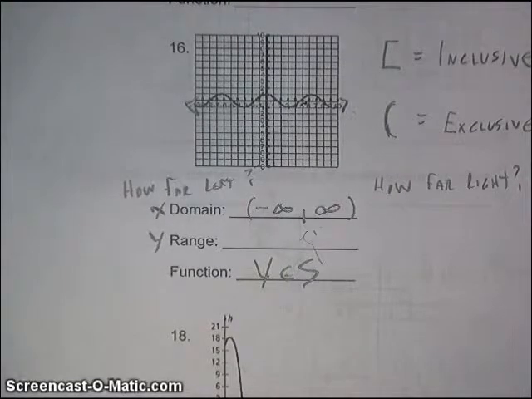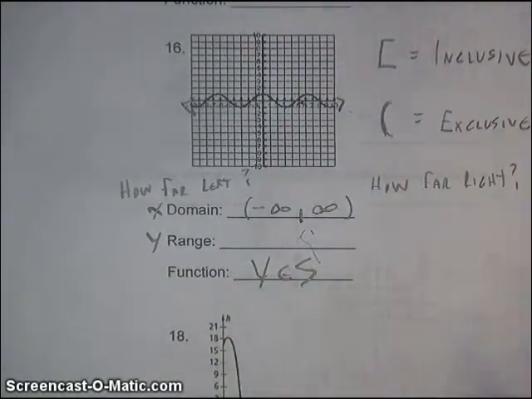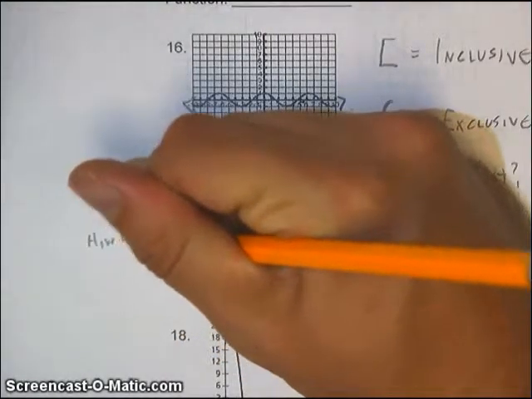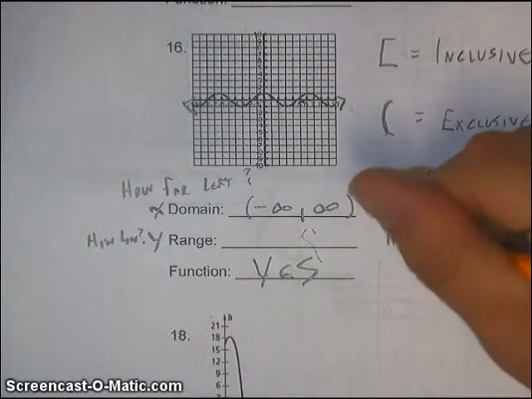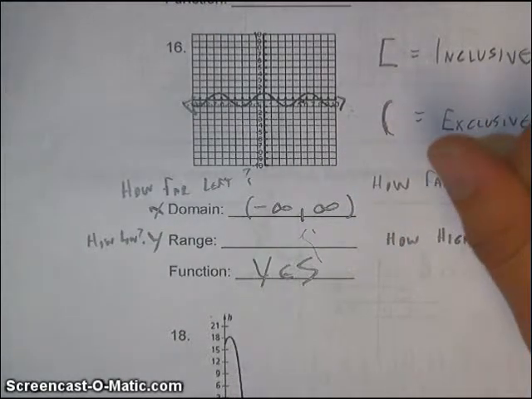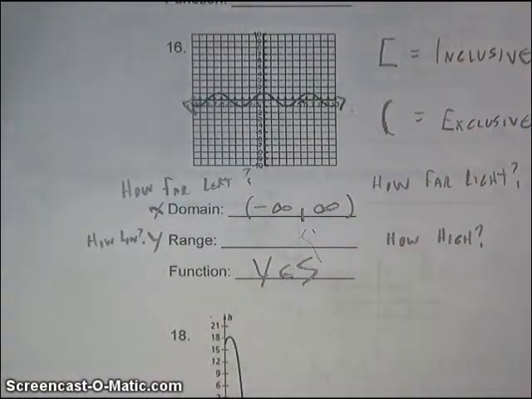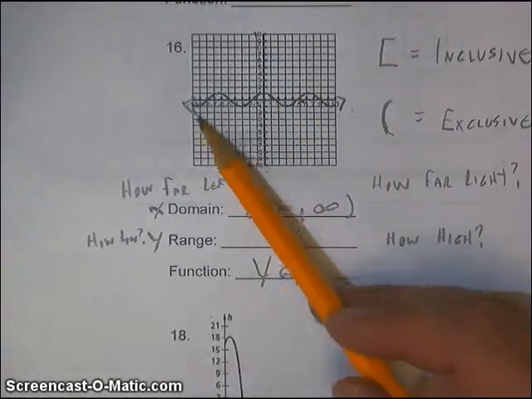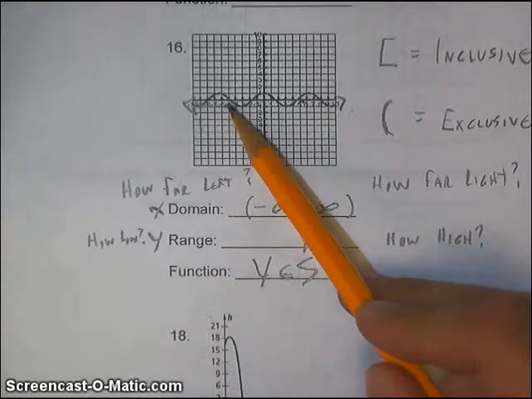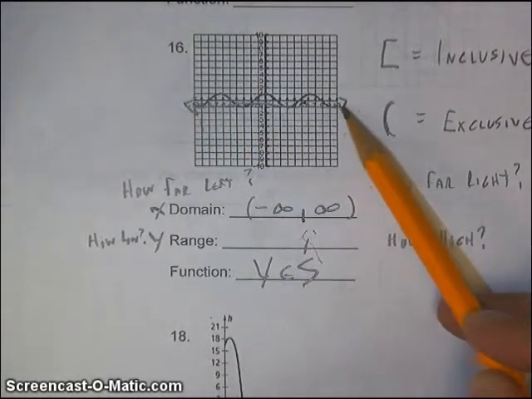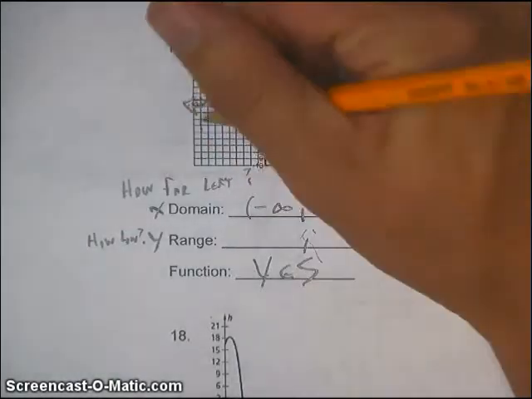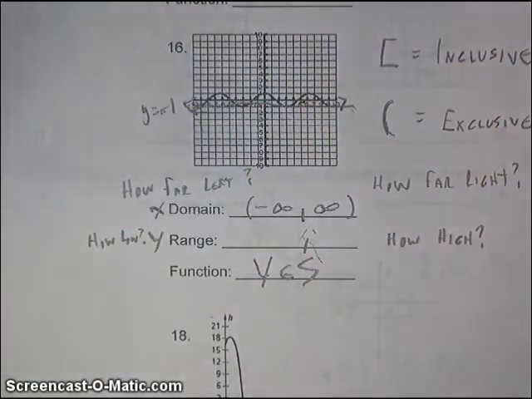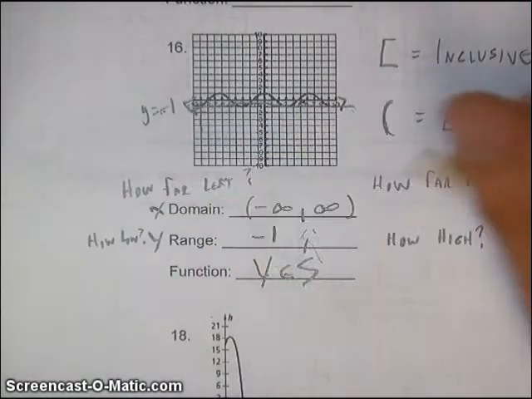All right. Now for the range, you're going to ask two different questions. How low and how high? It's the same thing. So how low does this thing go? Well, it looks like it touches the line y equals -1. So the lowest point it gets to is -1.